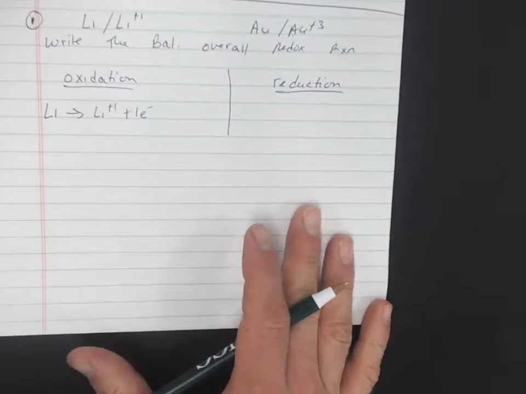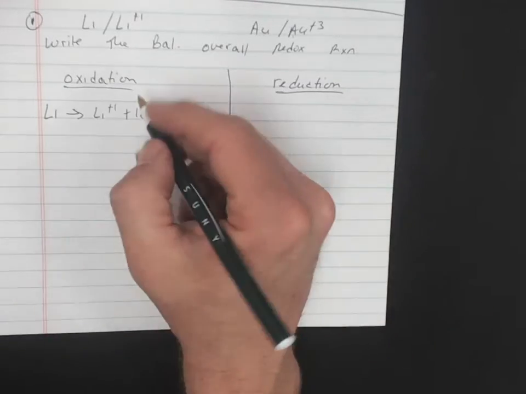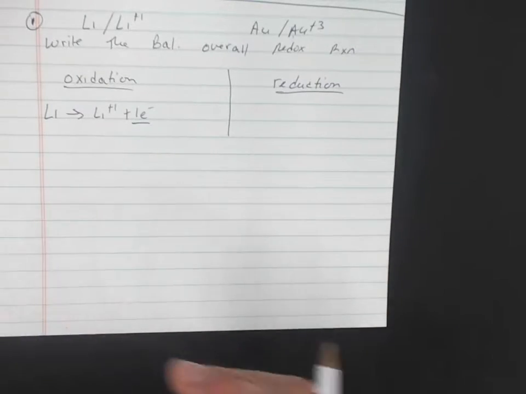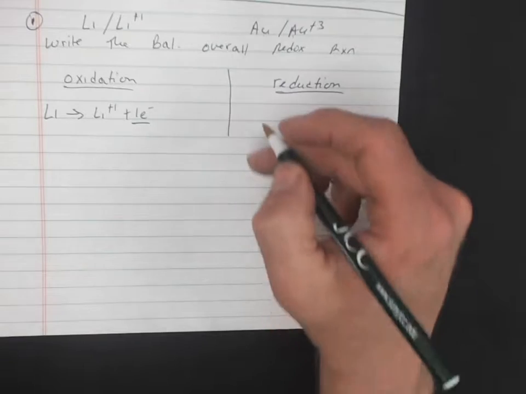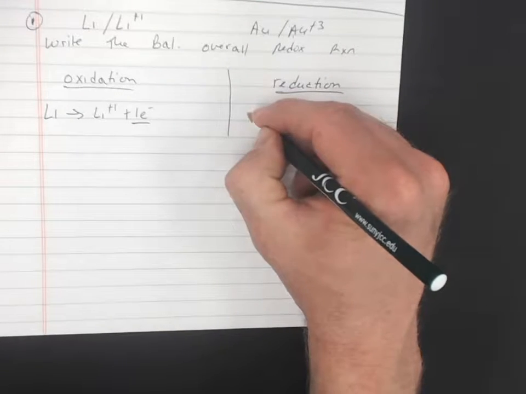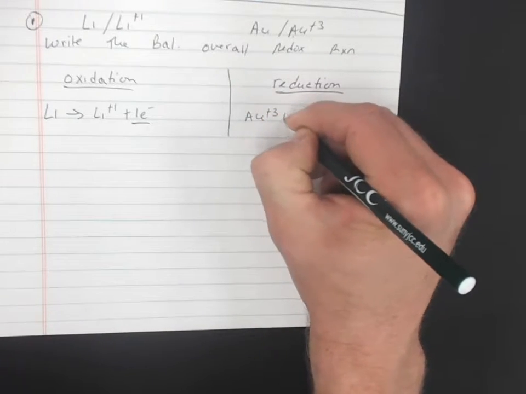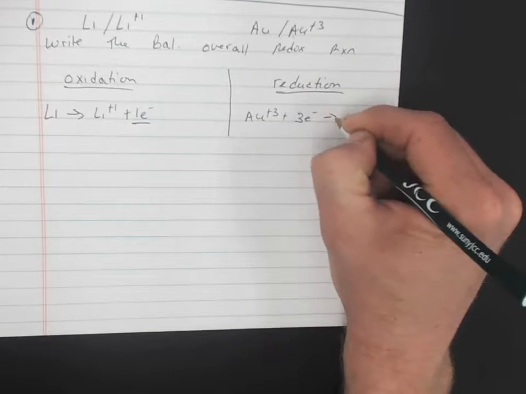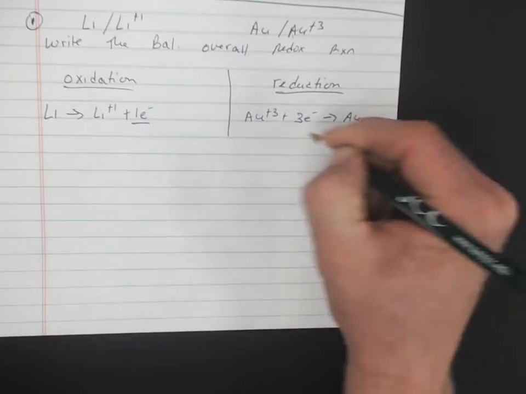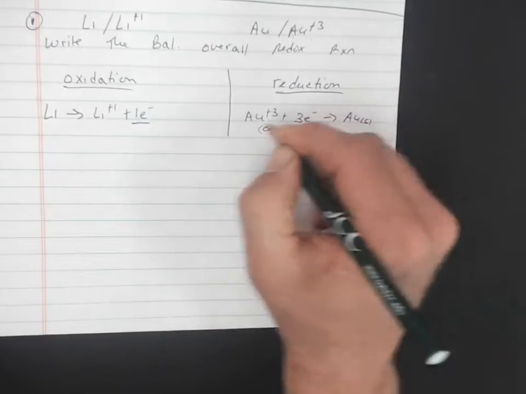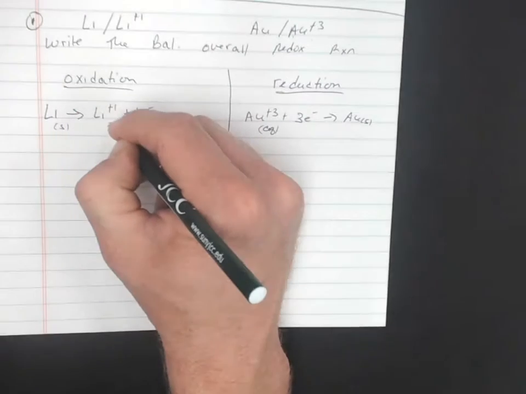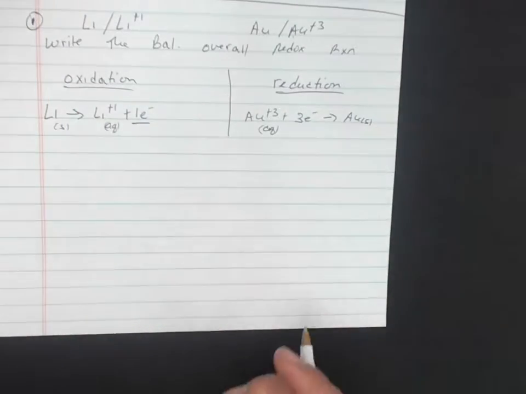Li yields Li plus 1 electron. Remember, we put the electrons on the right because we're talking oxidation. Rowan, write our reduction. Great job. Au 3 plus aqueous plus 3 electrons yields Au.